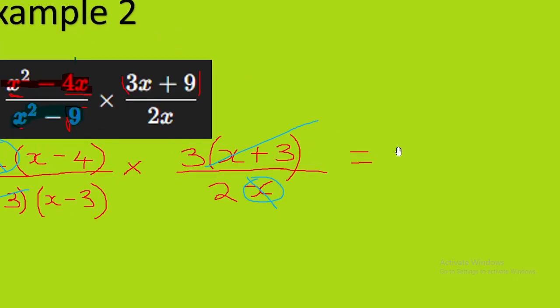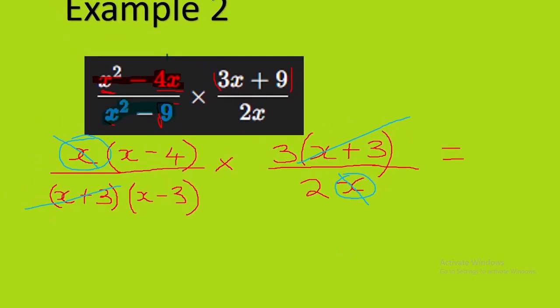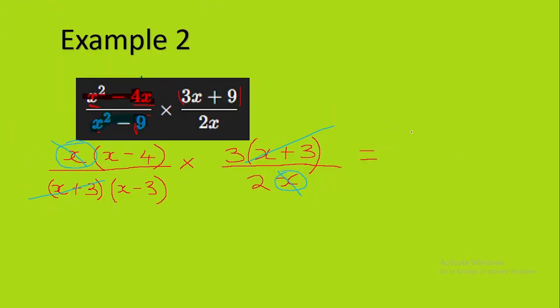So we'll have our x minus 4, and we'll also multiply by 3, and we'll also have our x minus 3 multiplied by 2.